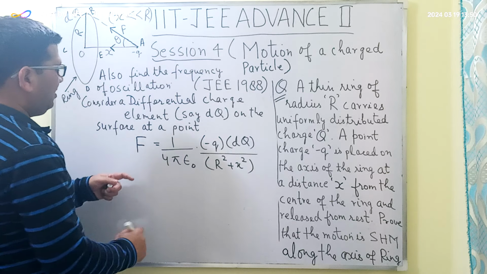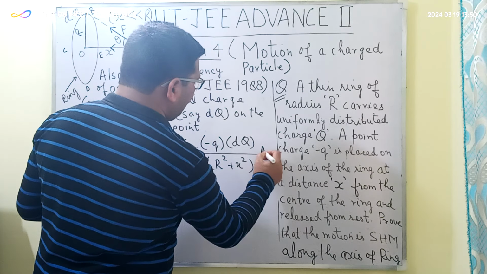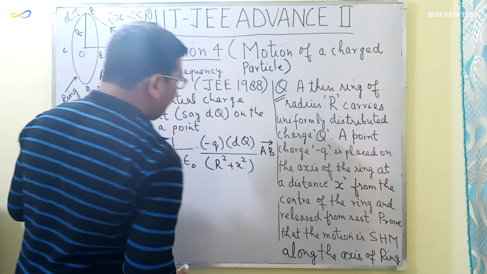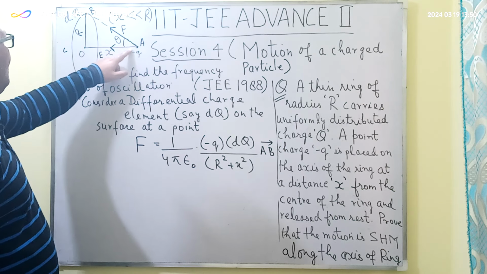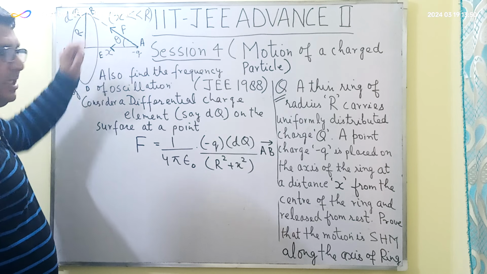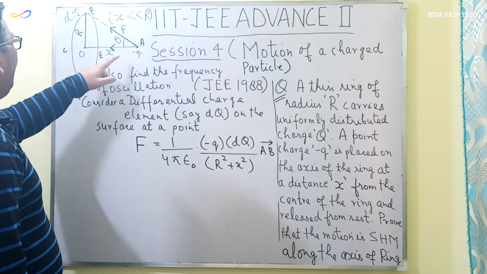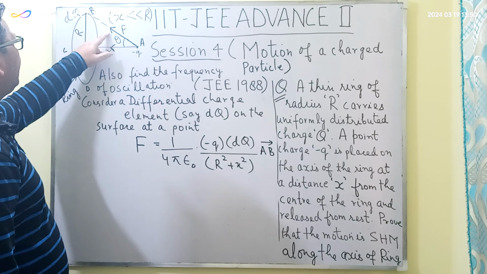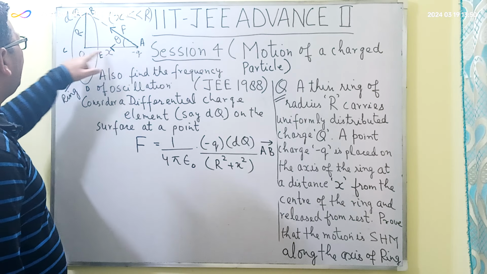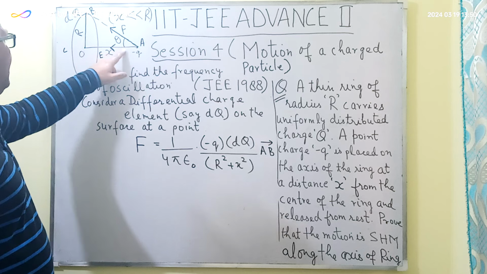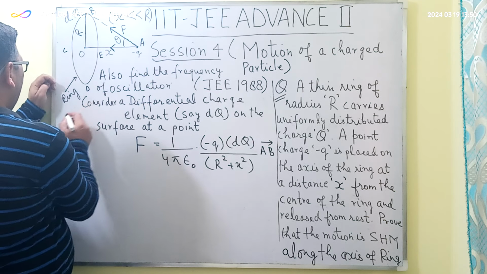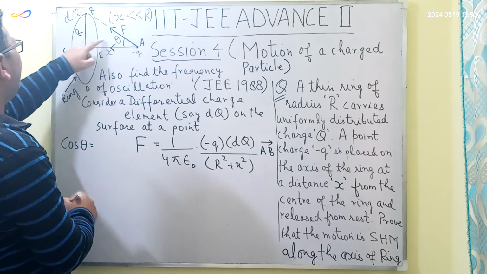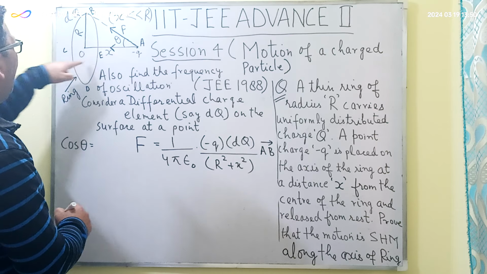And the direction of this force will be along AB. This is an attractive electrostatic force, and the direction of this force will be as indicated by this arrow. Now, I have considered that this force is making an angle theta with the axis of the ring.